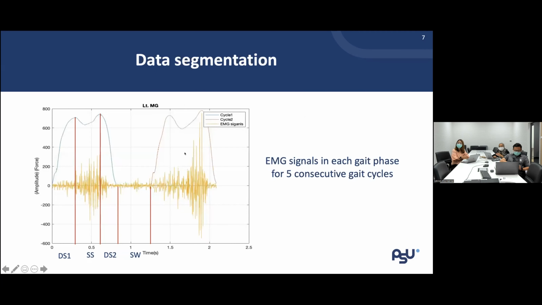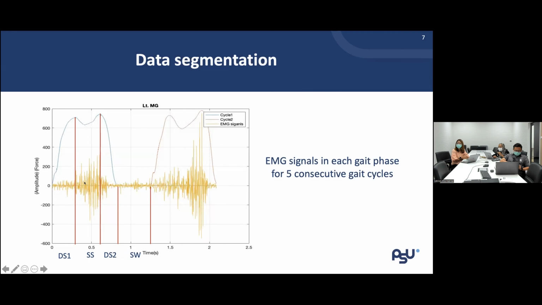So I segment the data in each gait phase: first double support, single support, second double support, and swing phase. This is an example of how I segment the data. I segment from the PIDA as well.